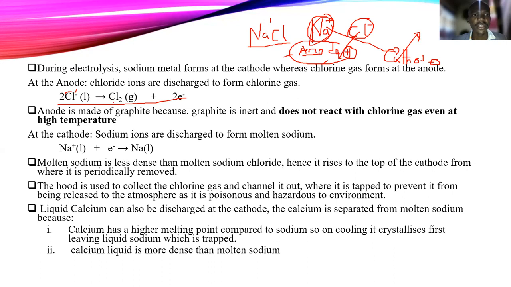So the chloride ion loses one electron, because we had only one electron lost, to become stable, because we know that chlorine reacts by gaining an electron. So that one electron is here, and producing two chlorine atoms, which now form the chlorine gas.